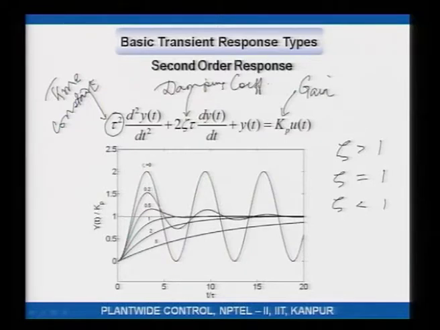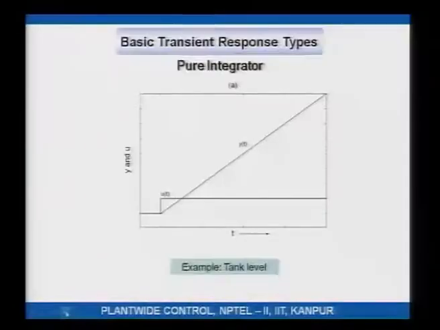As epsilon goes less, as the damping coefficient goes less than 1, these roots become complex conjugate pairs, and for oscillations the characteristic equation has to have at least one set of complex conjugate pairs. Okay. These oscillations are because the roots are complex conjugate pairs. Alright. I think that is about all that I want to say on this.